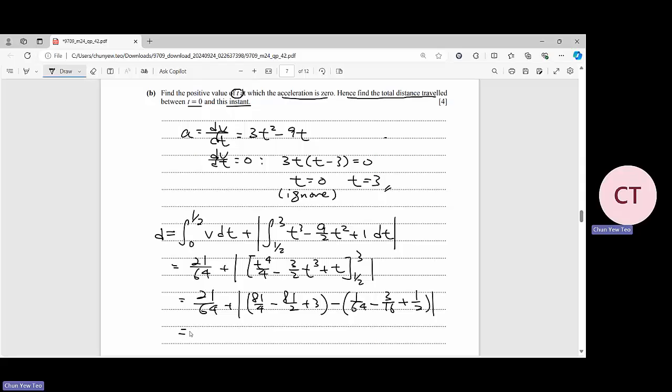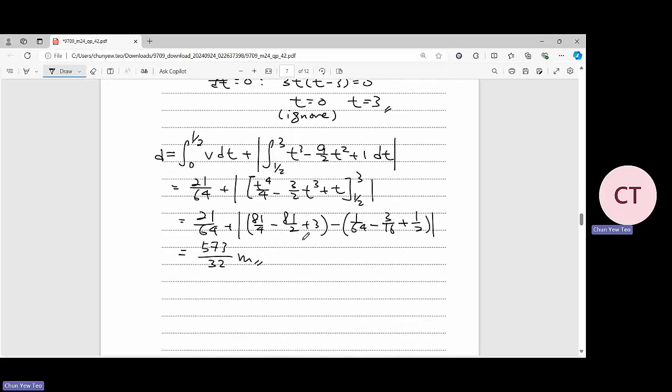So just total up everything, you will get the answer as 573 over 32 meter. So that will be the total distance traveled between t equal to 0 and the instant that the acceleration equal to 0. So this will be the answer for question number 5.